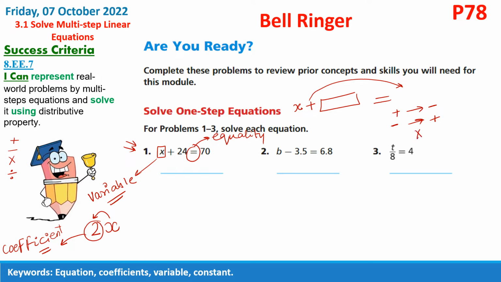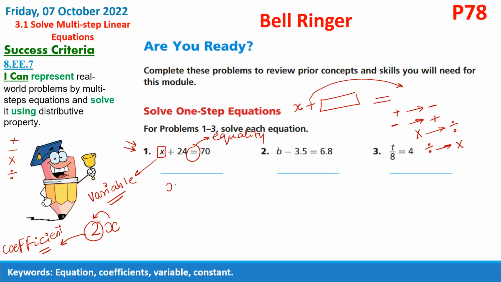If on one side we multiply something, on the other side we divide. If something is already dividing, then we multiply on the other side. So if we understand this part, let's try to solve the question.